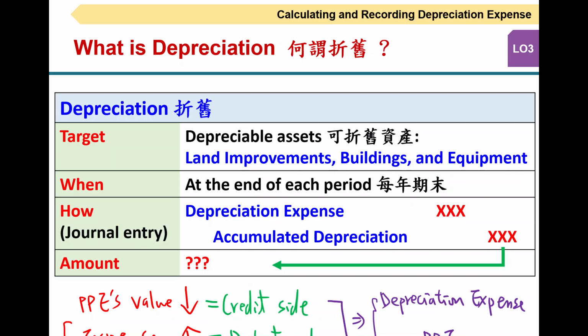So far, any questions? Then for PPE's value decrease, we want to use a new account to replace it.